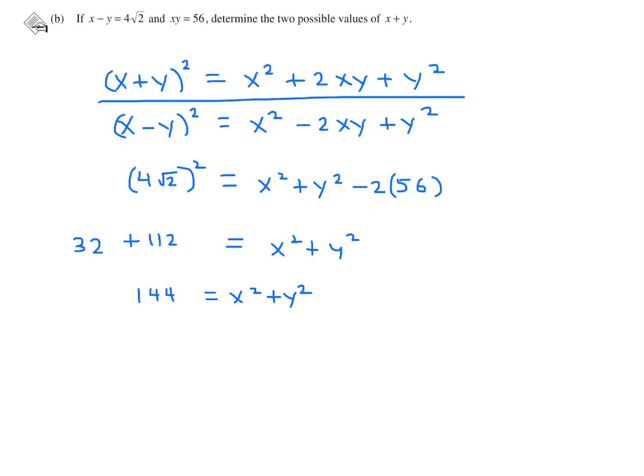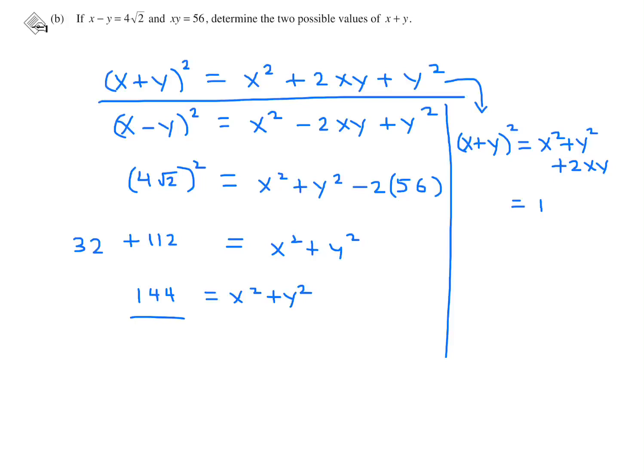All right, I just have to plug that in there. So let me bring that over here. I think that should be enough space. x plus y all squared is equal to x squared plus y squared plus 2xy, correct? x squared plus y squared, we just figured out, was 144, plus 2 times xy, which is 56, as given in the question stem.